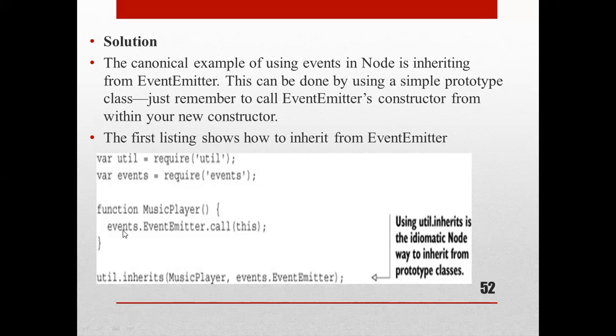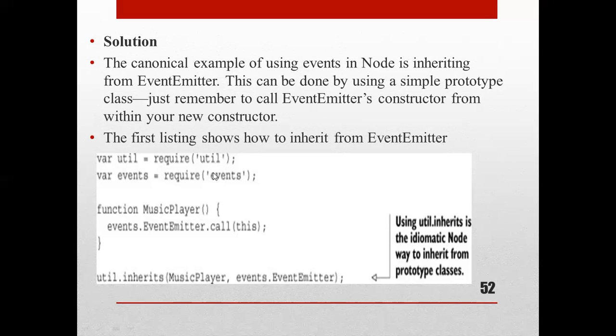It contains events.EventEmitter.call(this). Then util.inherits(MusicPlayer, events.EventEmitter). This is the event and this is the listener. Using util.inherits is the idiomatic Node way to inherit from prototype classes. These are the classes from the events module. We are going to inherit some features from this event emitter.